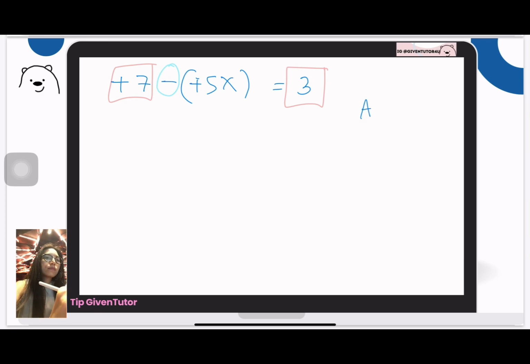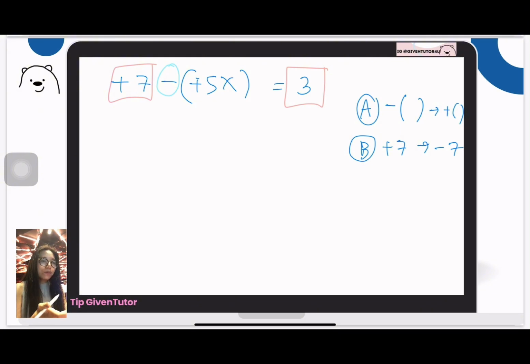A is the minus bracket, so you get the plus bracket first. Or B, you got minus 7 as the outside. So get it outside, minus 7, right? So either way you can do it.